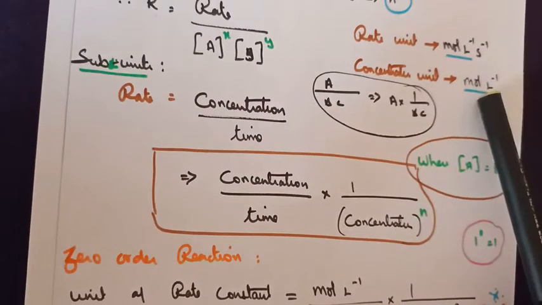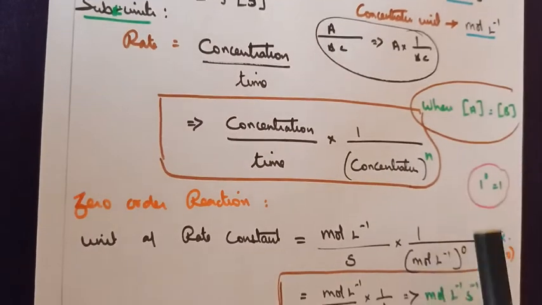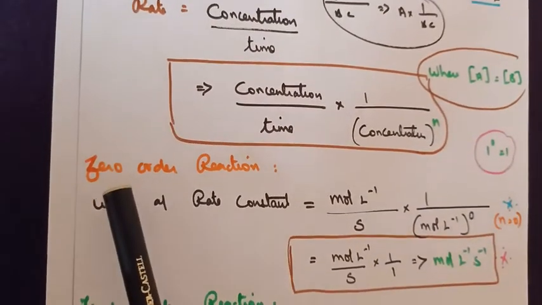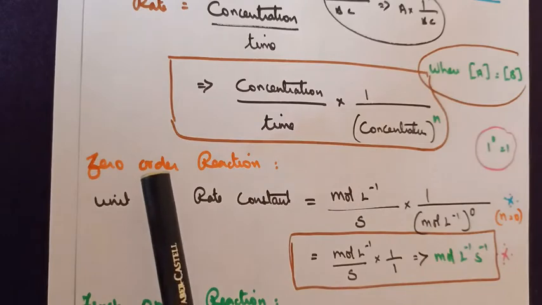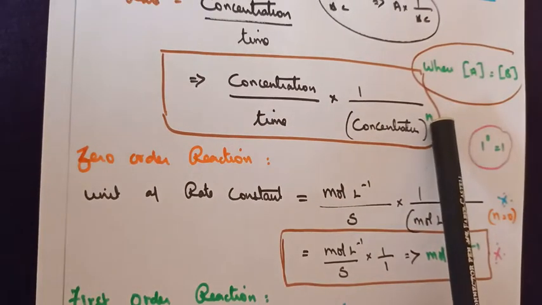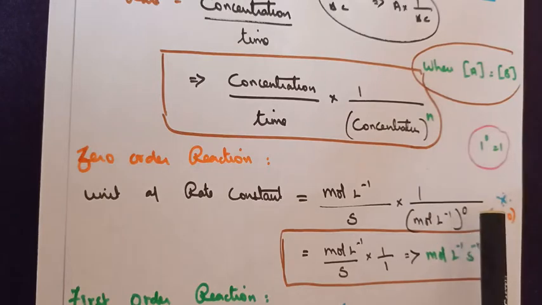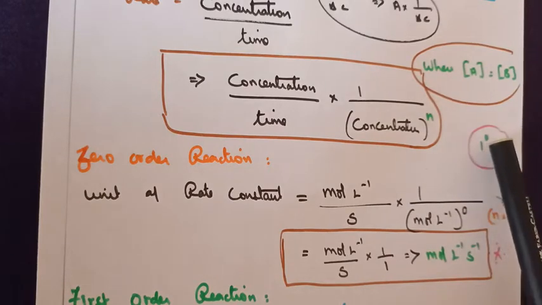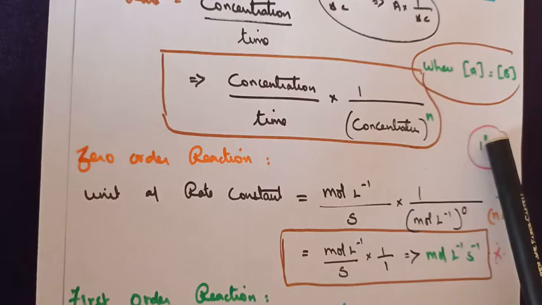1 by, what's the concentration unit? Mole liter inverse. Power, since we are talking about a zero order reaction, all these explanations I have given to you in the derivation. Instead of writing n, I am writing 0. You also know very well any term to the power 0, the value happens to be 1 here.